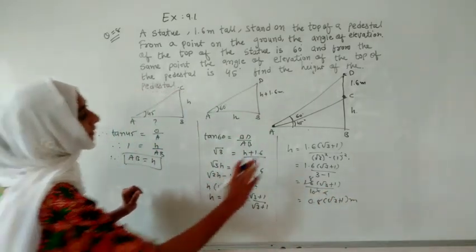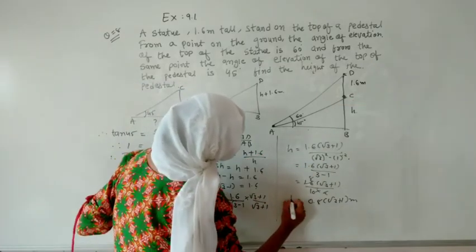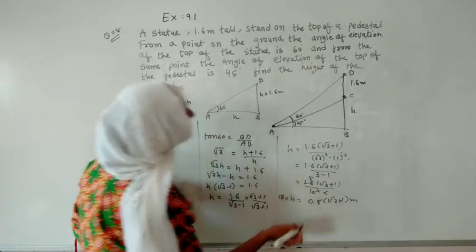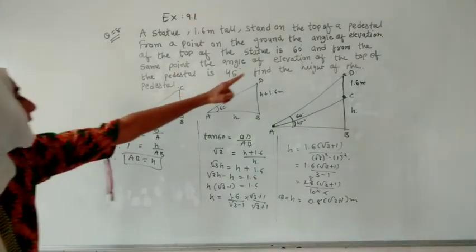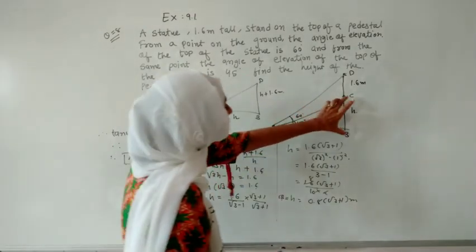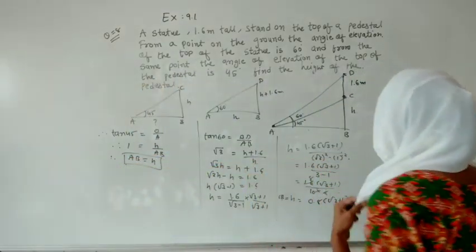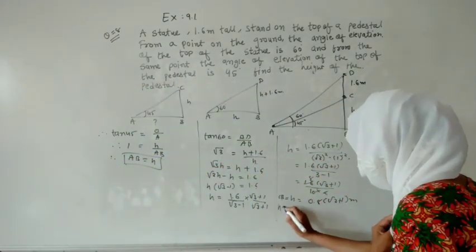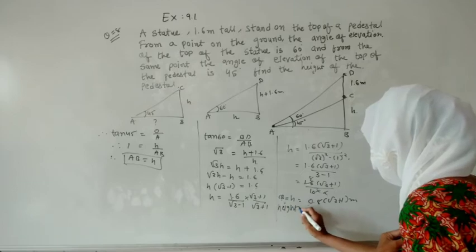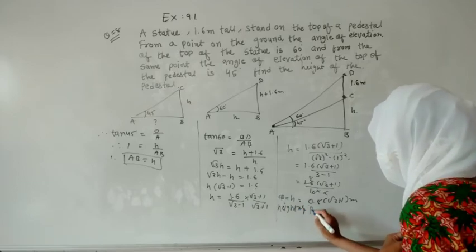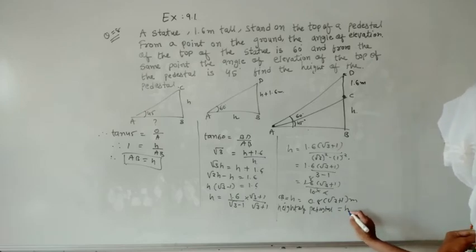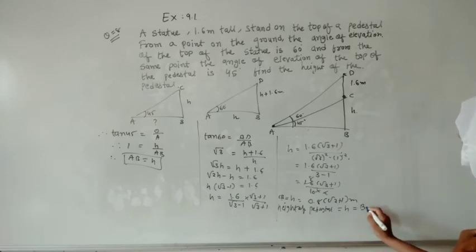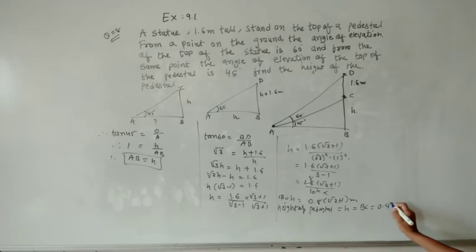Now what was that H? That is the CD. H is equal to what? CD. Let us read the question again, what we have to find. It says find the height of the pedestal. So the height of the pedestal is already BC. So here we can write that the height of the pedestal is equal to H, and that is equal to BC, and that is equal to 0.8 times root 3 plus 1 meter.